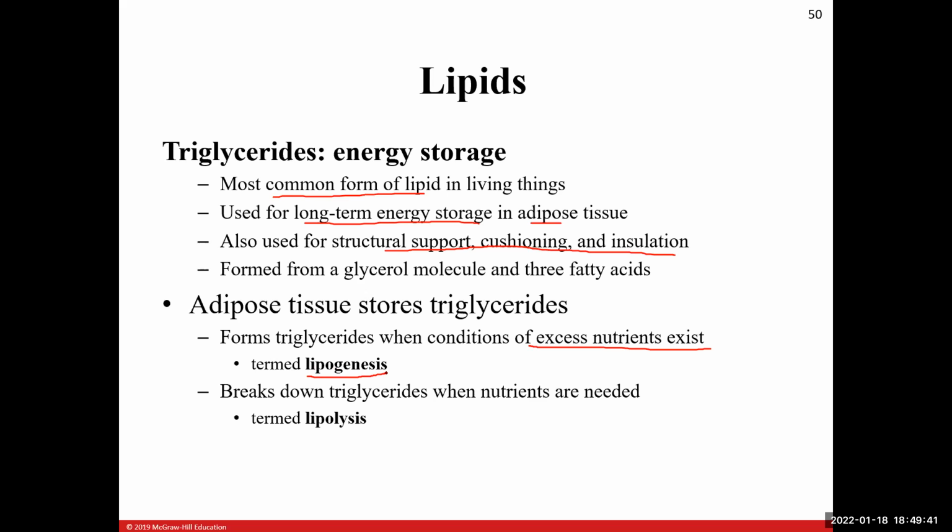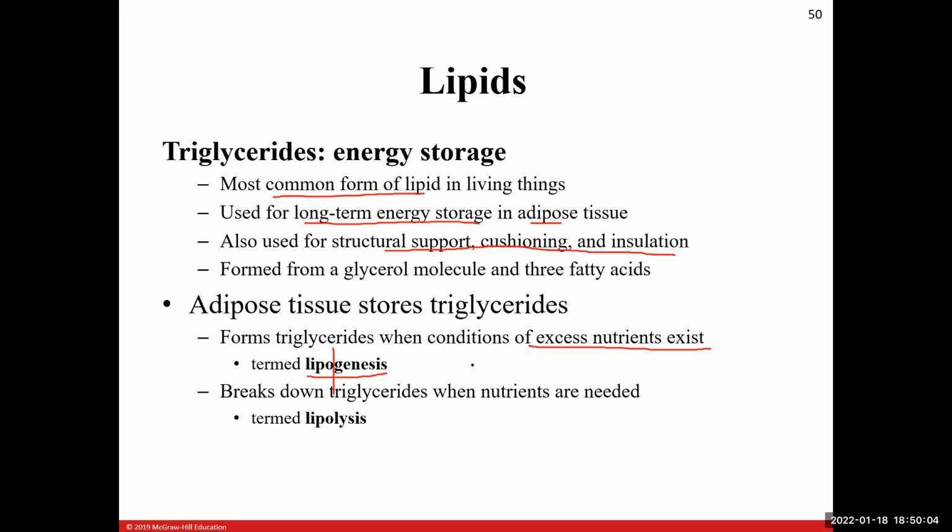Lipo stands for lipids, fat. So if you dissect this word, this is making of fats, and triglycerides are a lipid. So again, we make these triglycerides from all this excess nutrients that are floating around your blood because you just had this awesome energy-rich meal.